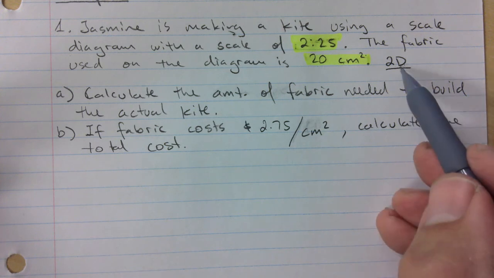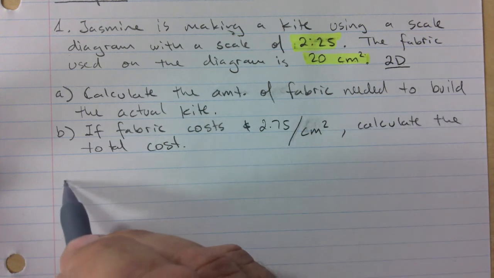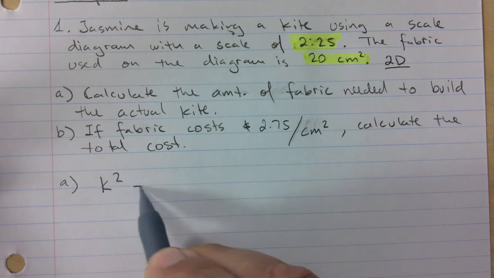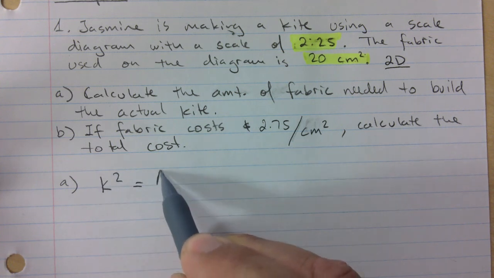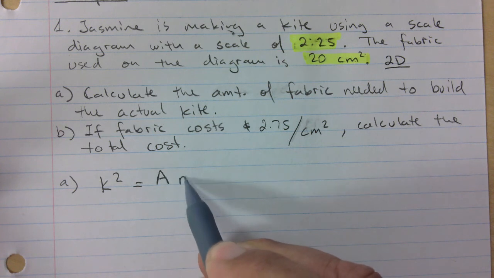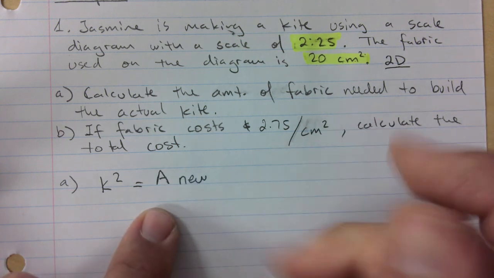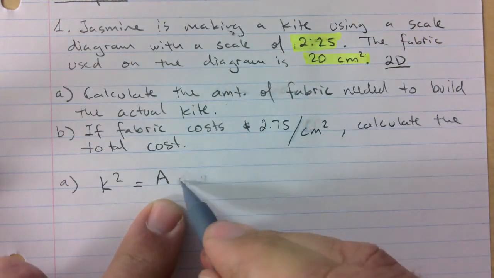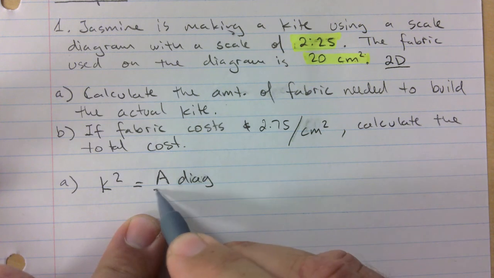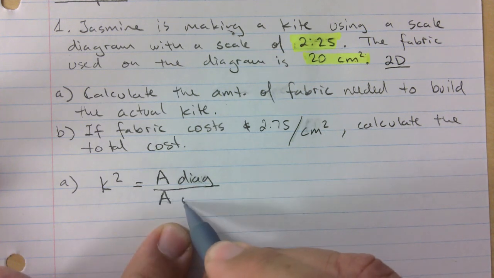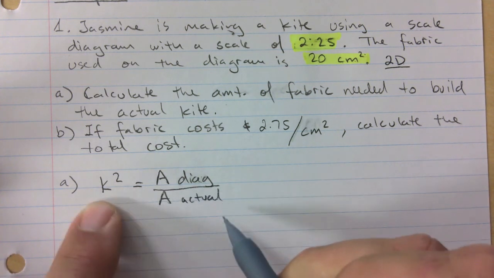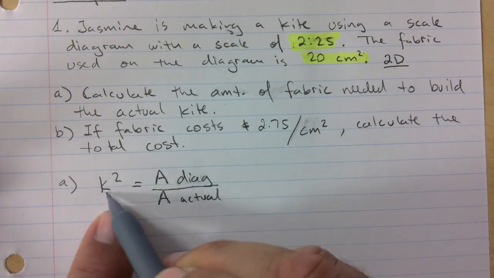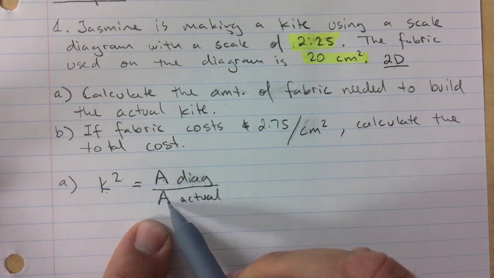So we're going to stick with the formula that works with two-dimensional. So K squared is the area of the new, I shouldn't use new here. What should I use instead? Diagram. Yeah. Diagram over the area of the actual. That's the one I'm going to start off with.